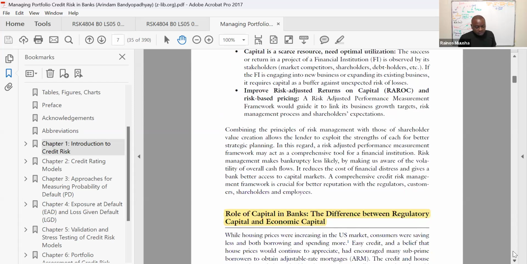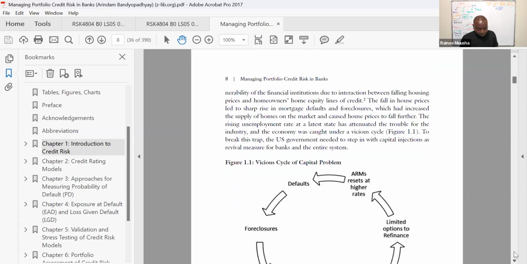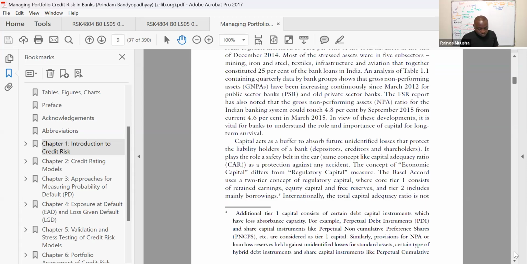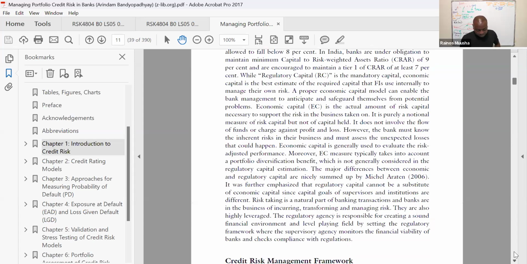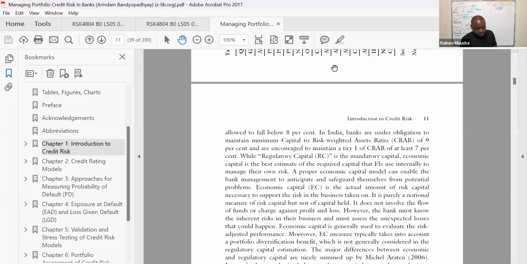Then from here, we also look at the role of capital in banks. Here we're going to look at the difference between regulatory capital and economic capital.